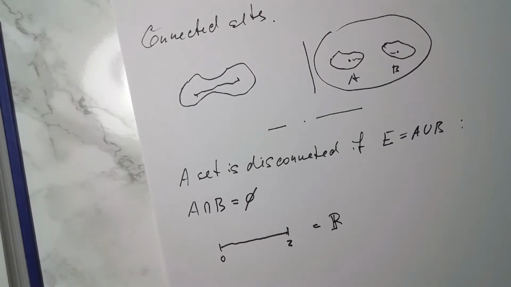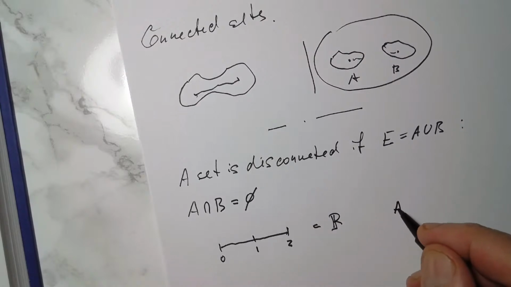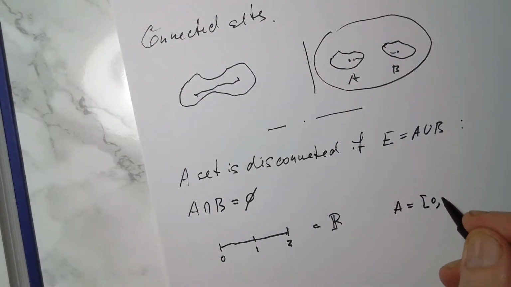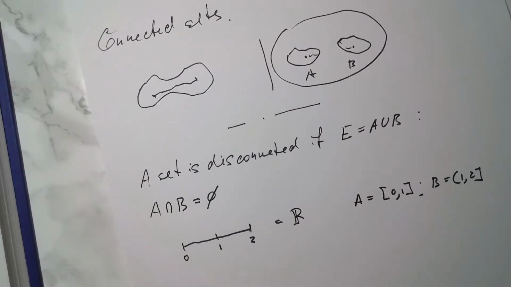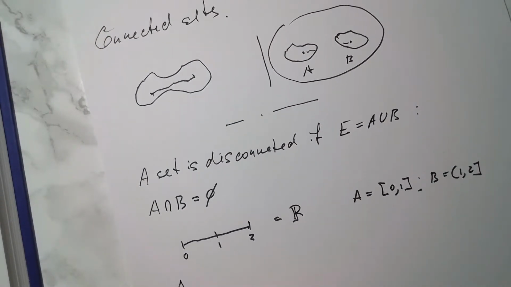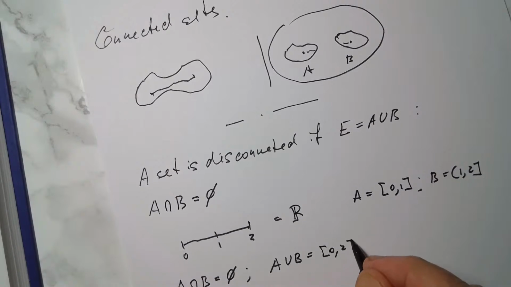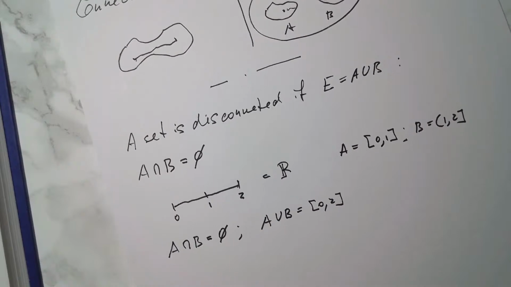However, what I can do is take a point 1 in here, and take a set A to be equal to 0, 1, including 1, and a set B to be equal to 1, 2, where 1 is excluded in the set B. And so as a result, A intersect B is an empty set. So these two sets are disjoint. However, A union B is equal to 0, 2, which intuitively should be a connected set.